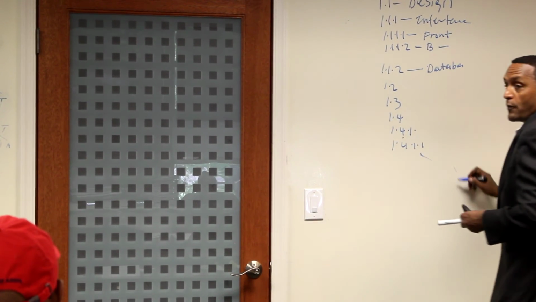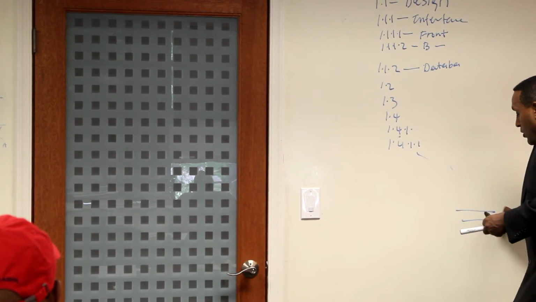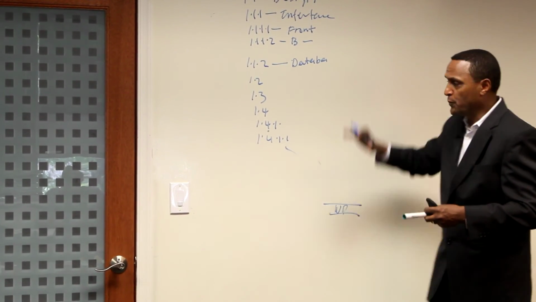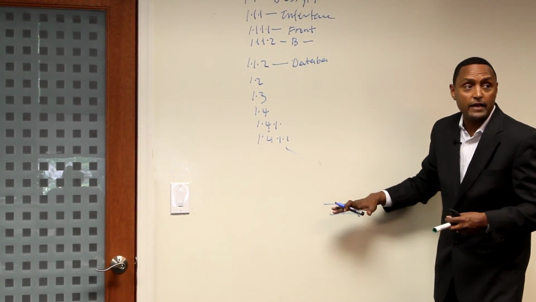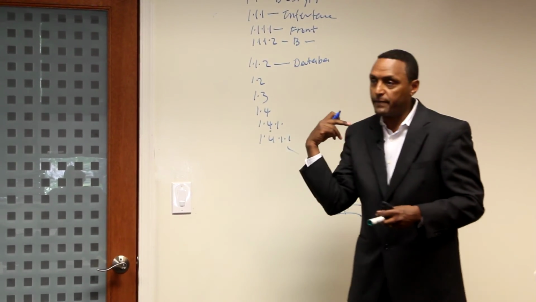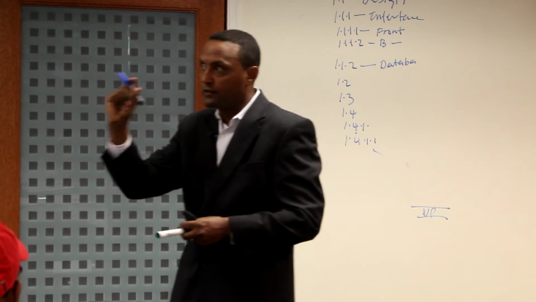So it goes on all the way down to the level of what we call the work package. You decompose it to the level where you can no longer break it down. That's the smallest work package.